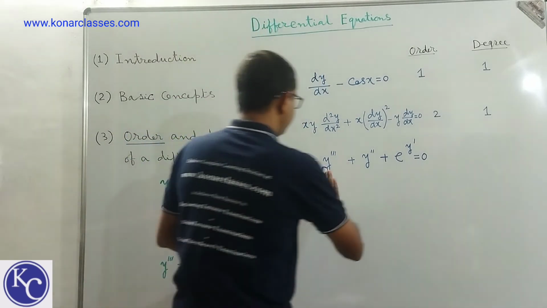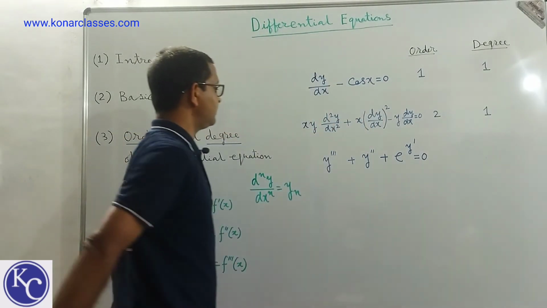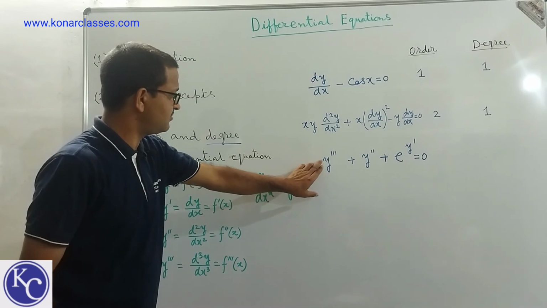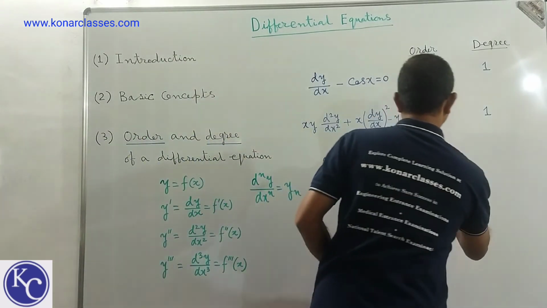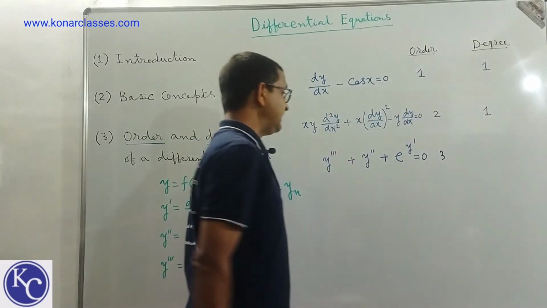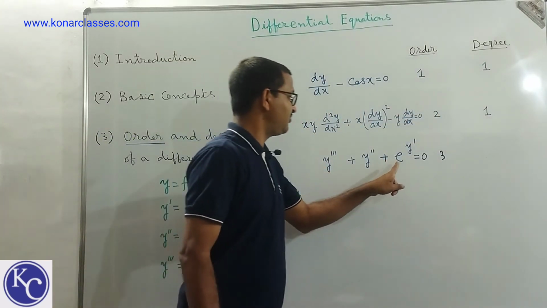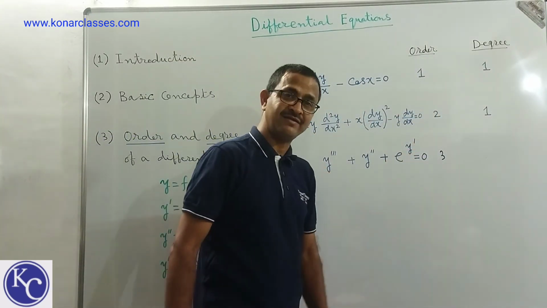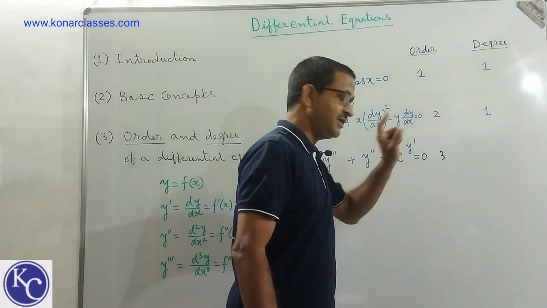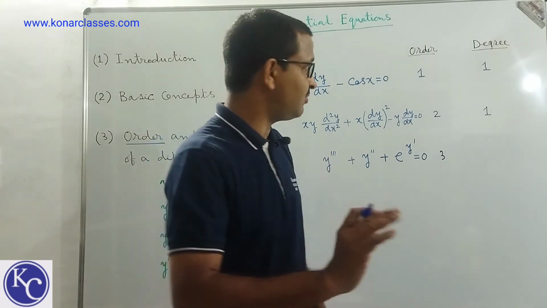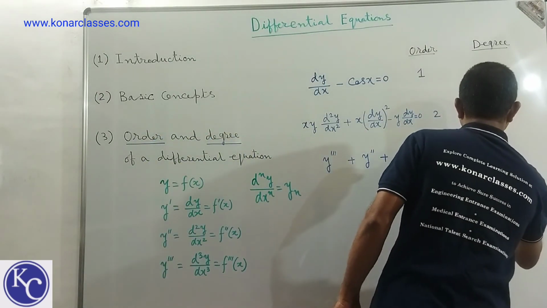Now if we look into this equation, what is the order? Order is 3, because third order differentiation appeared in this equation. But what is the degree? Degree is undefined. Why? Because e to the power y dash is not a polynomial expression in the derivative y dash. That is why its degree is undefined.